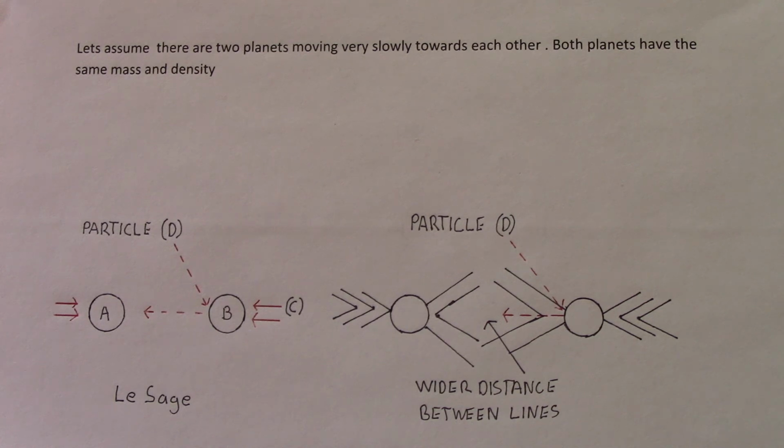So gravity is a balanced force. So the force on one side of the planet is equal to the force directly opposite on the other side of the planet. So let's set up the following scenario.